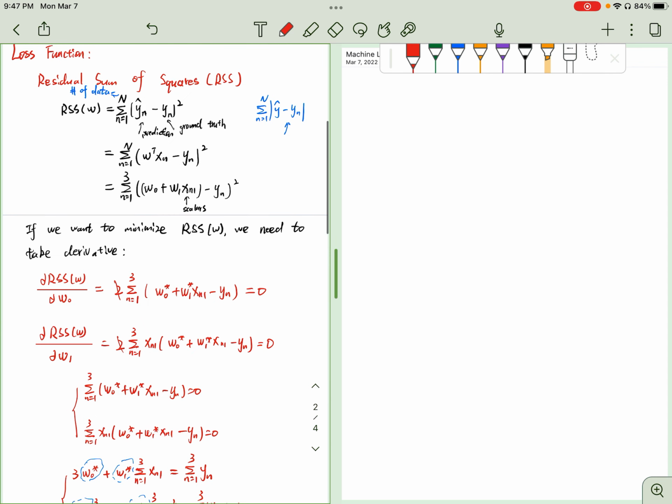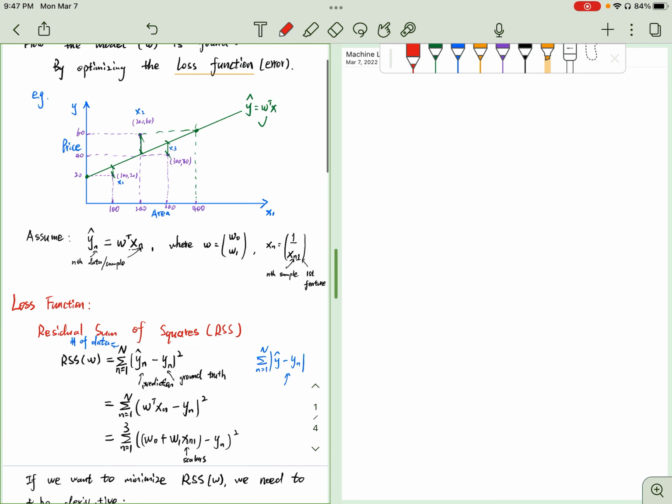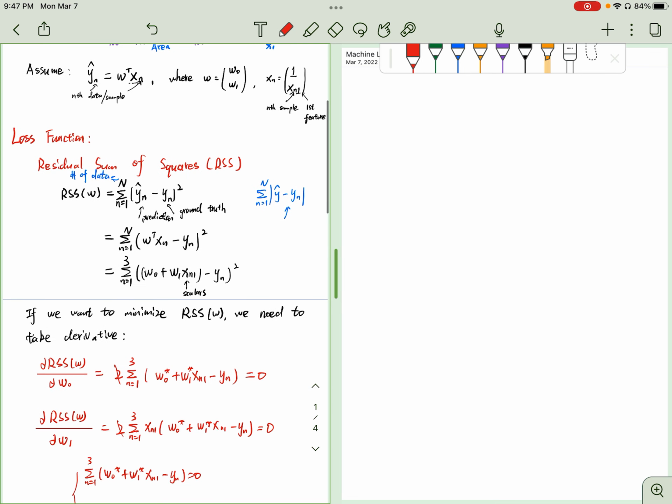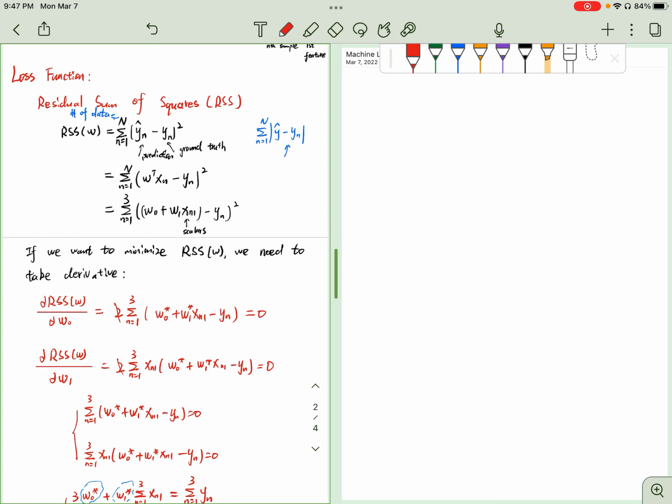Because here we only have one feature, in the weights we only have this bias term and this W1. So we need to take the derivative over omega 0 and omega 1. We take the partial derivatives and set them to 0.